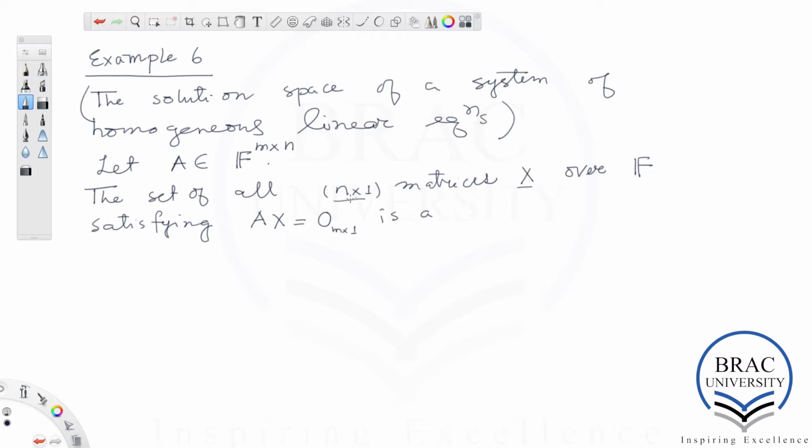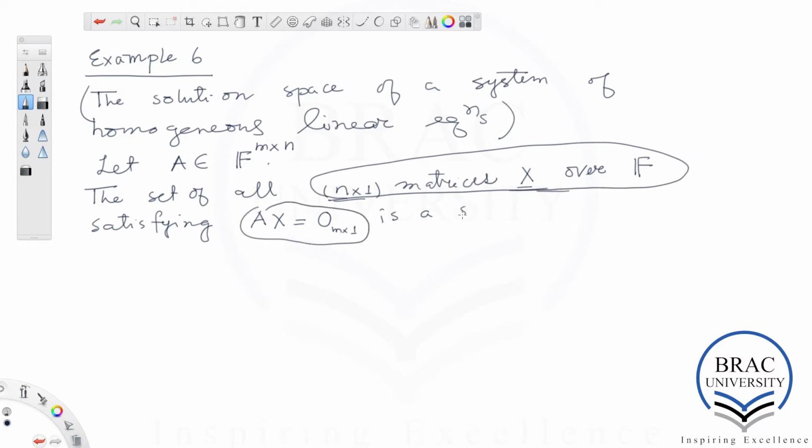All such matrices satisfying this equation form a subspace of F to the n cross 1.